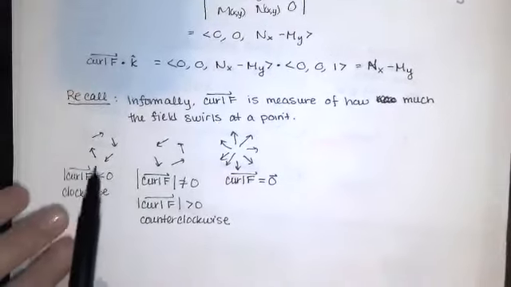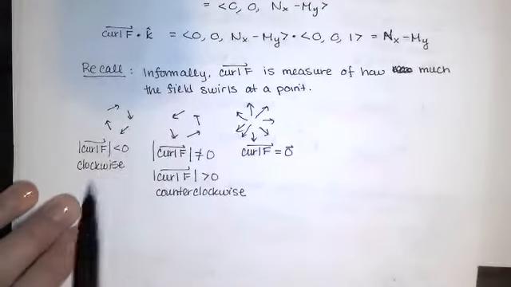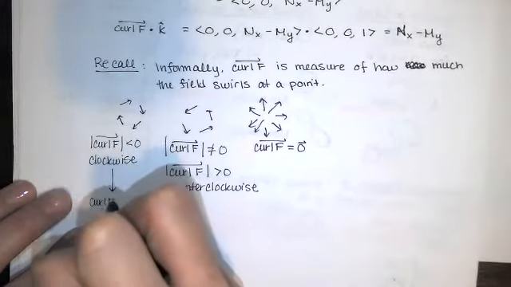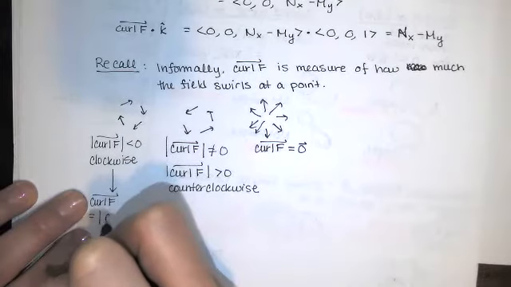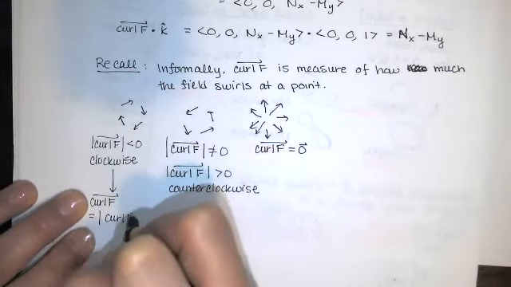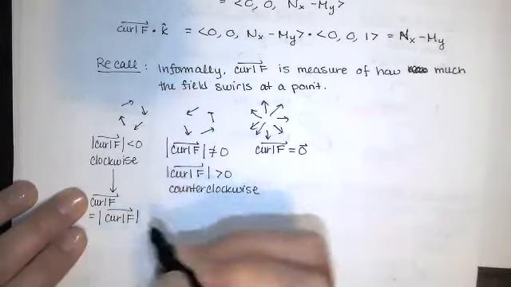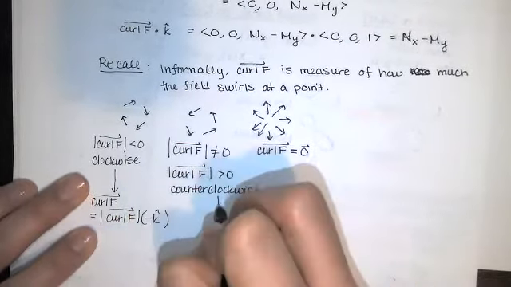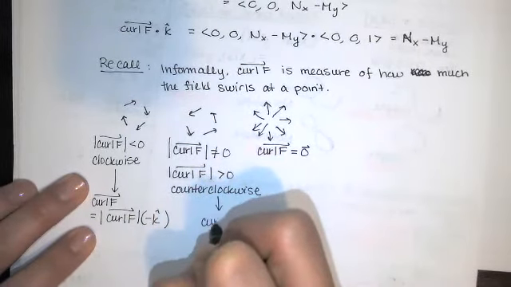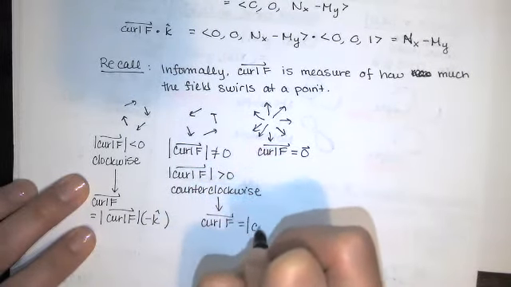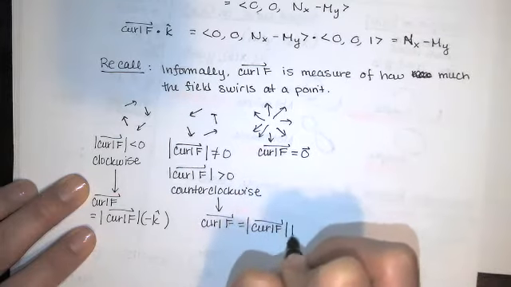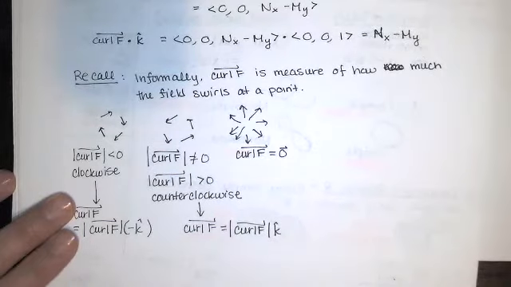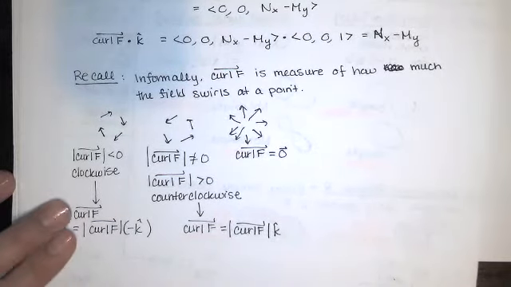So the curl is actually going to be this number times negative k hat. And of course there, the direction doesn't matter because there's not a lot going on with the zero vector.